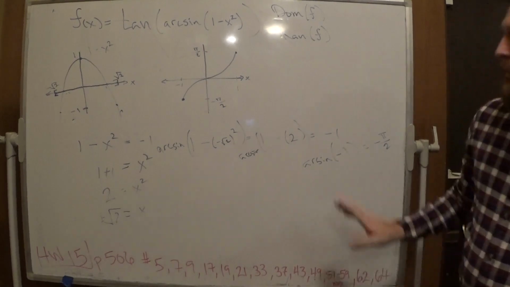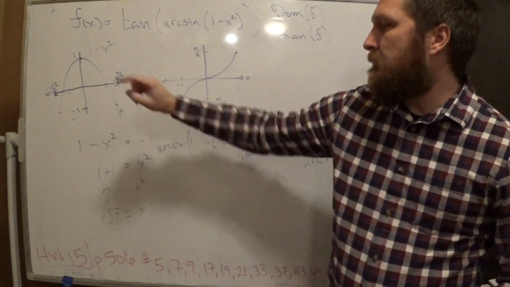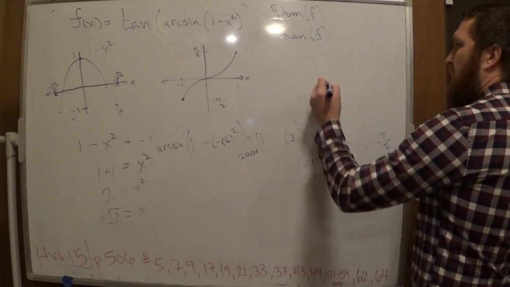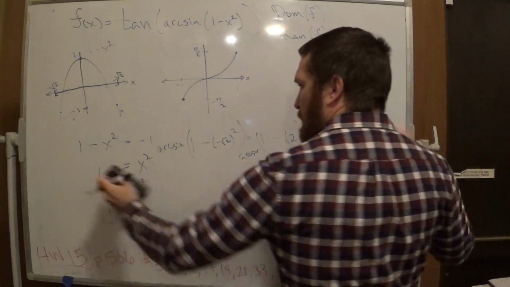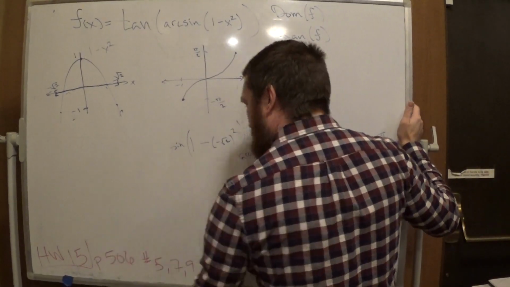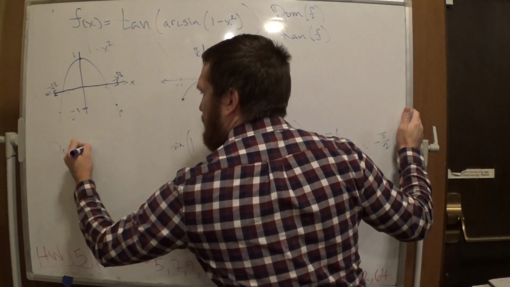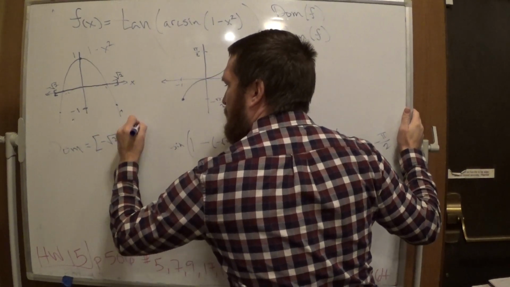And so it looks like, as of right now, all of these bits are in the domain. So my candidate thus far is that my domain is shaping up to be something like -√2 all the way up to √2.